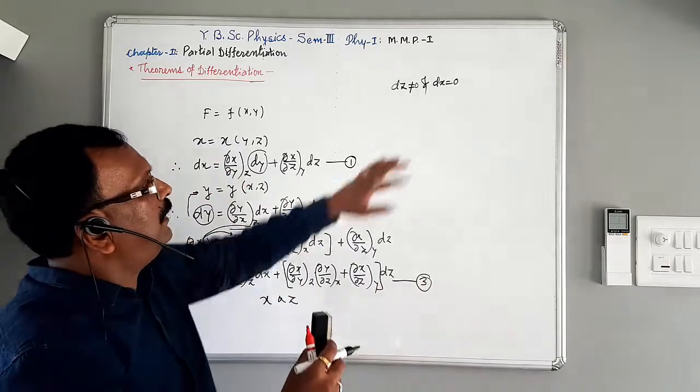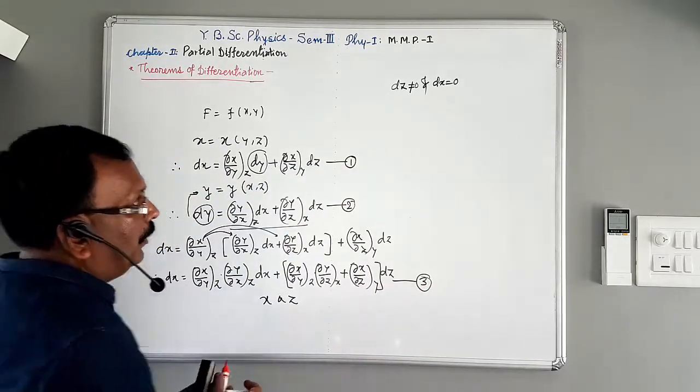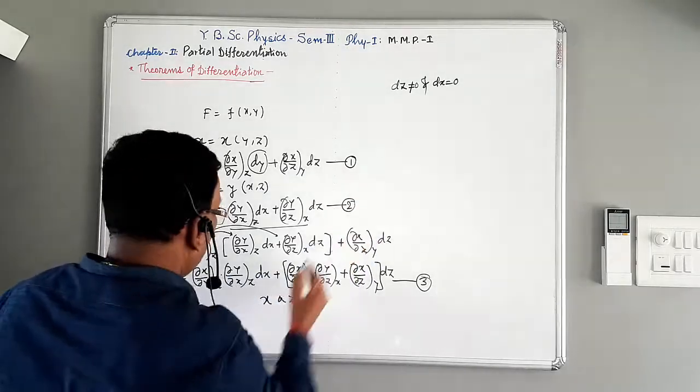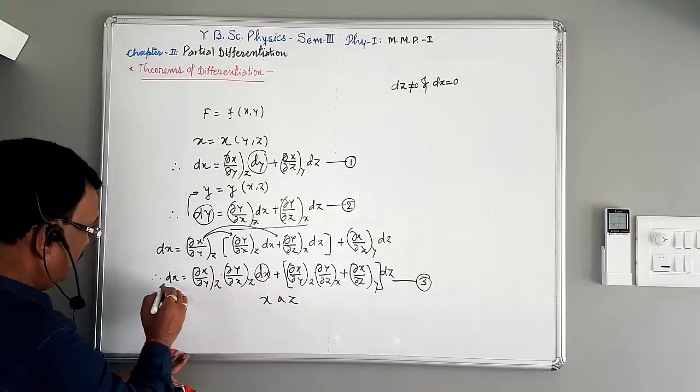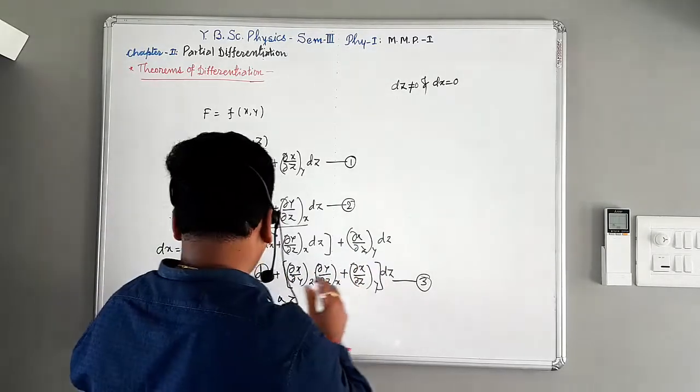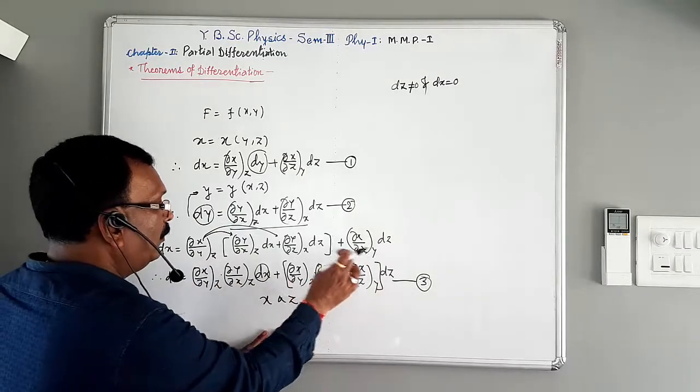When we apply this condition to equation 3, as dx is equal to 0, 0 into this is 0 and this is 0. Therefore, if this term is 0 and this term is 0, then only we have this term.